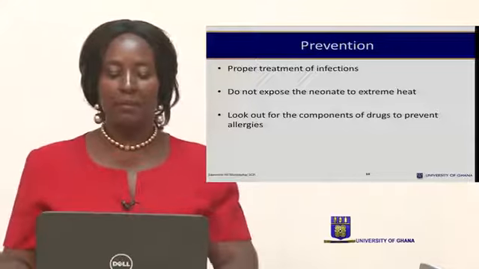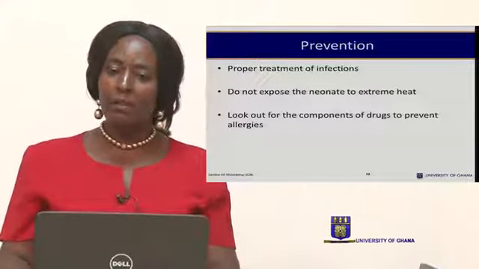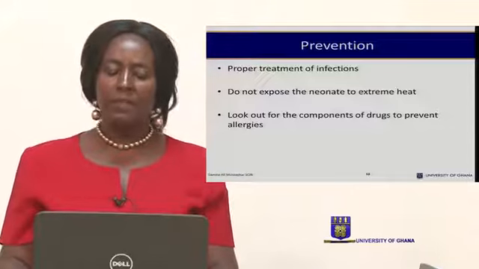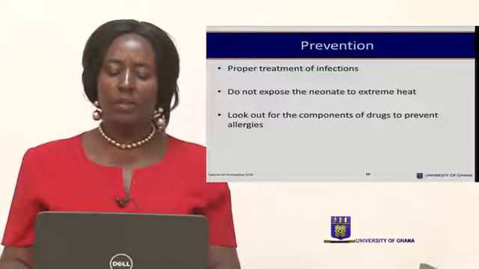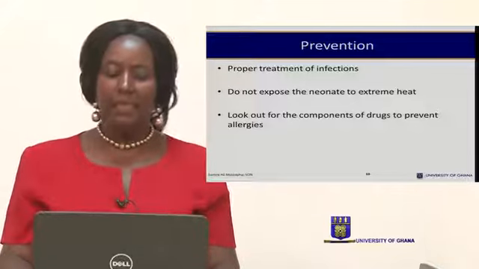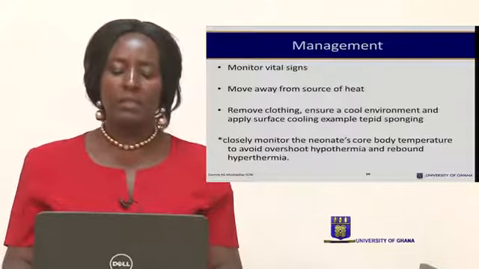If you leave it under the radiant heater, it gets extremely hot, and this can be very devastating. And look out for the components of drugs to prevent allergies that will also promote this.